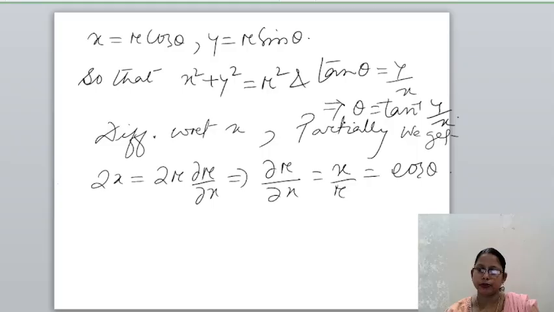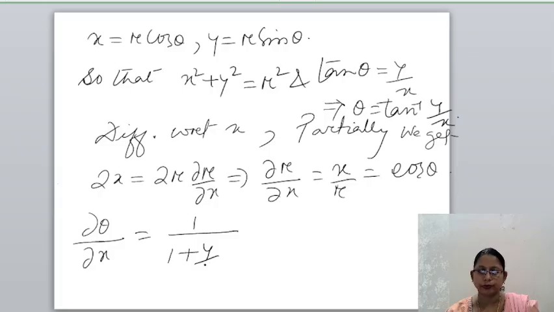Then again differentiate this. Differentiating theta partially with respect to x. First differentiate this tan inverse function, that is 1 by 1 plus y by x whole square. Then differentiate this with respect to x.